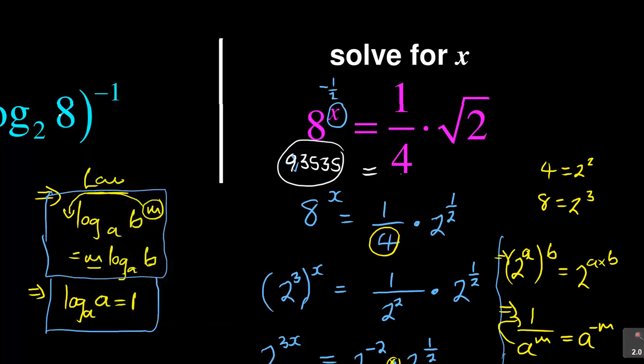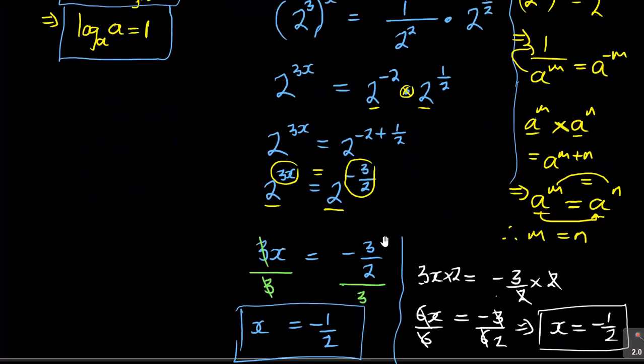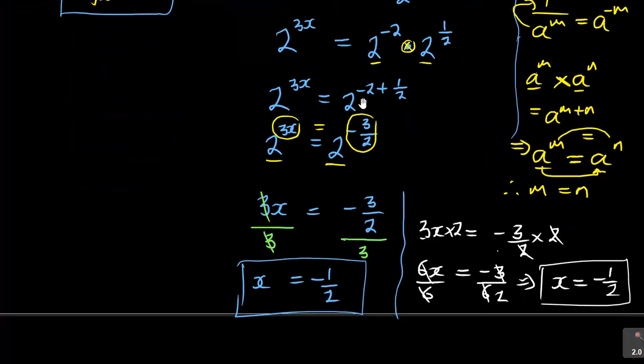I didn't round off that one. 0,3535. So you can see that my left hand side is balancing with my right hand side. So what it means, guys, is this answer of x is equal to negative half is correct.